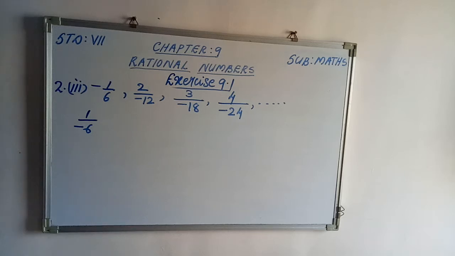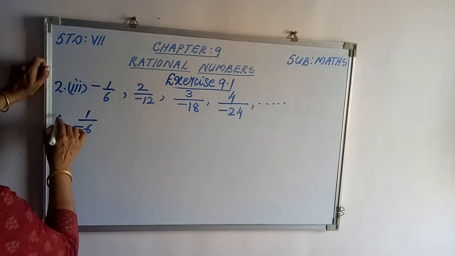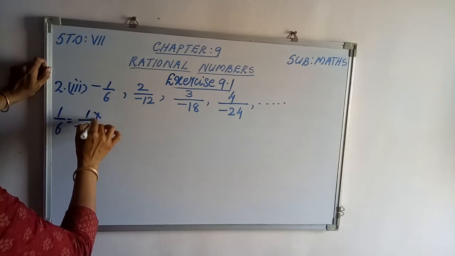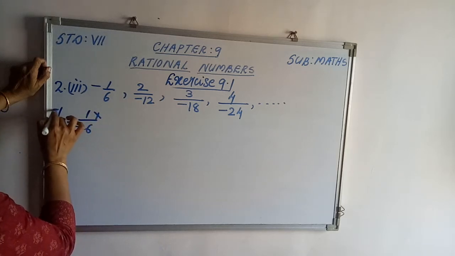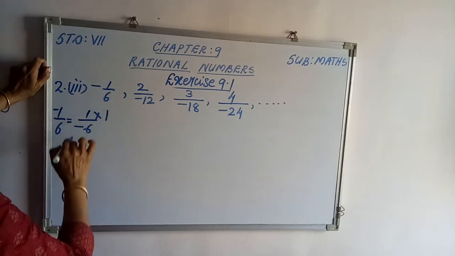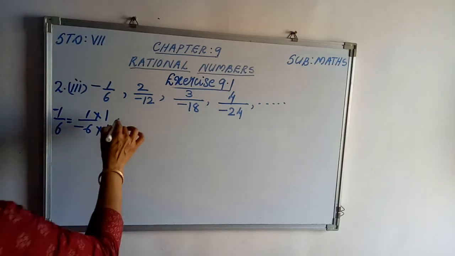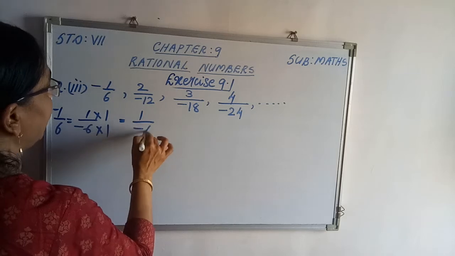Now see, minus 1 upon 6 is equal to 1 into 1 upon minus 6 into 1. Is that clear? Then you can write it as 1 upon minus 6.